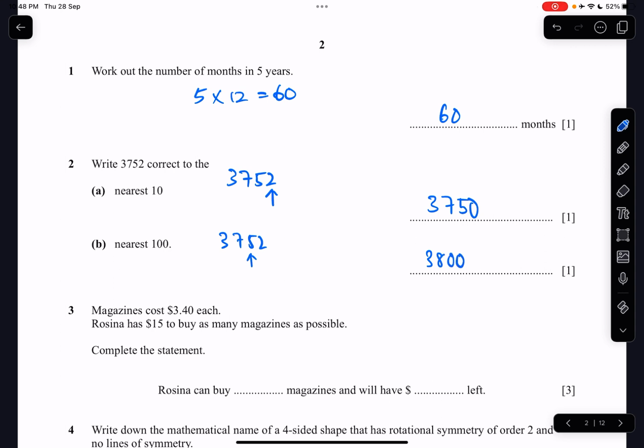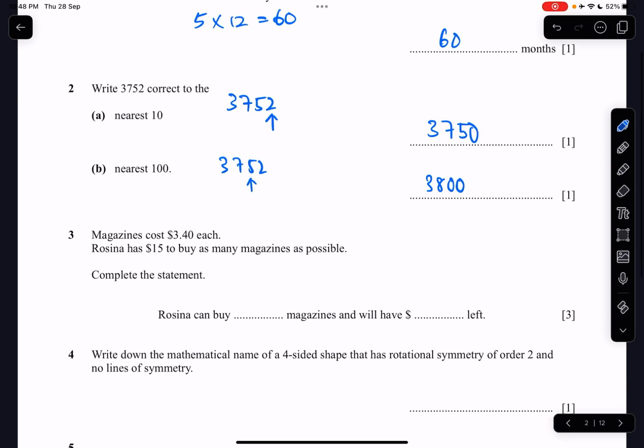Okay, for question number 3. Magazines cost $3.40 each. Rosina has $15 to buy as many magazines as possible. So complete a statement. Okay, so for this question, I have to take 15 and I have to divide by $3.40. So we're going to use our calculator in this question.